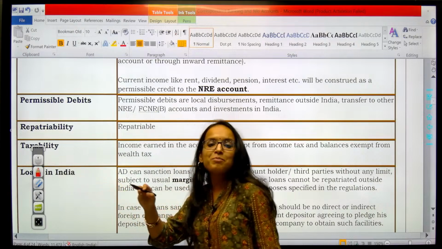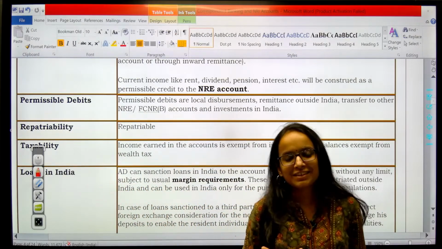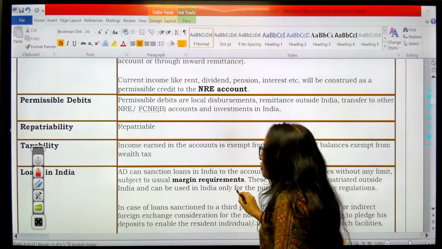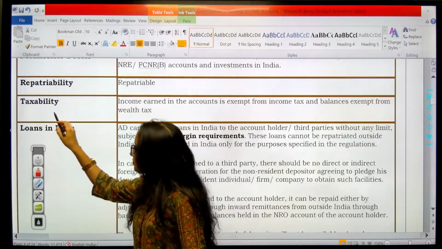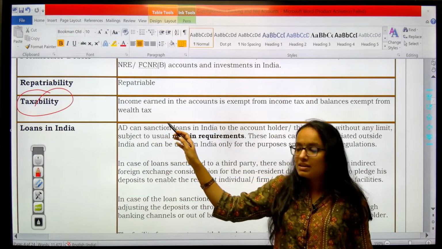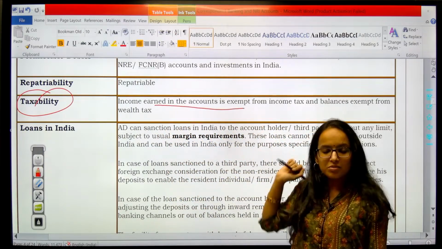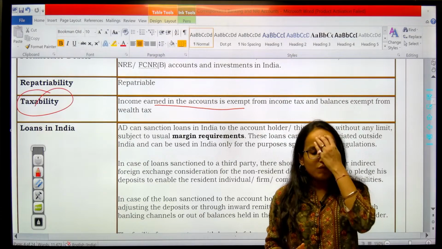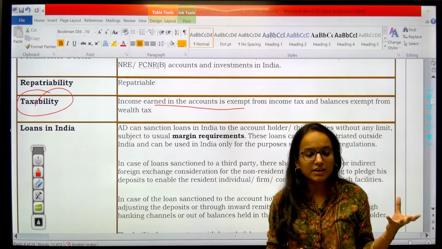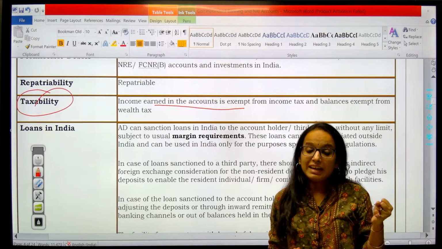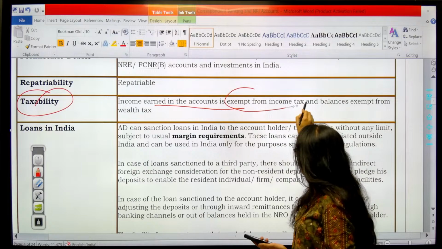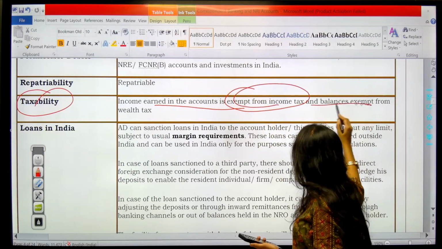Then comes a very important question which everyone is concerned about: taxability. Is this taxable or not, right? So when we talk about taxability, whatever income you have received in the account, whatever fund is there in the account, whatever interest you have earned in the account is totally exempt from income tax.